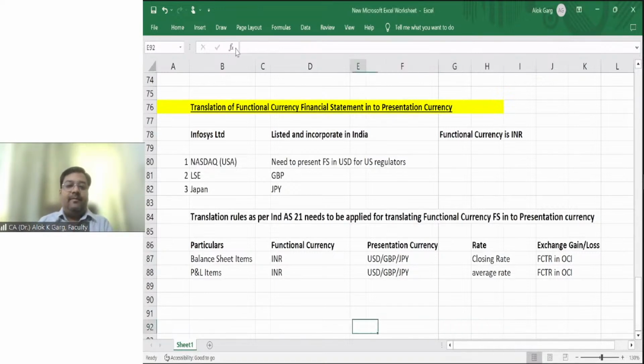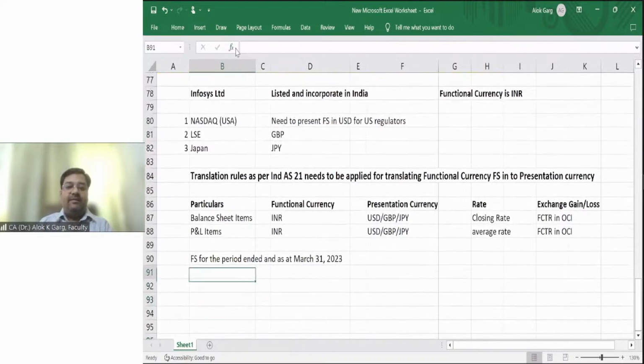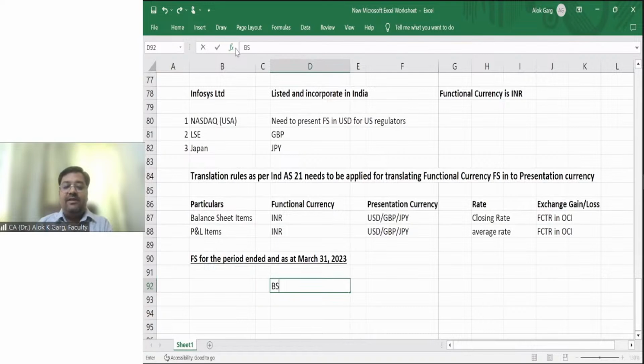Let's say you are translating the financial statements for the period ended and as at March 31st, 2023. You will be preparing the balance sheet as at March 31st, 2023, and your comparative 22 will also be there in the balance sheet.